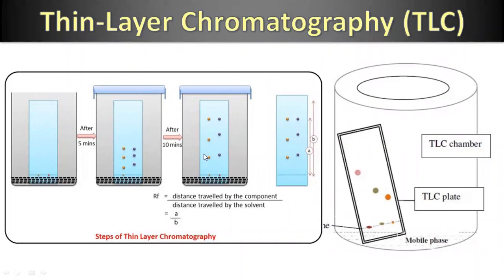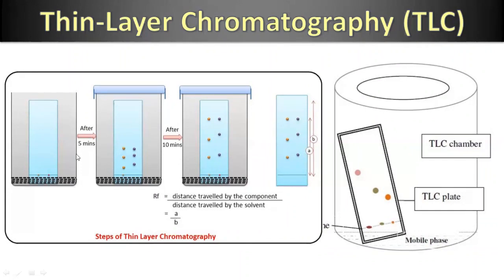Here the diagram represents that initially we have taken mobile phase in a mobile phase chamber or TLC chamber, and the TLC plate we have prepared with applied samples is placed or dipped in this mobile phase.